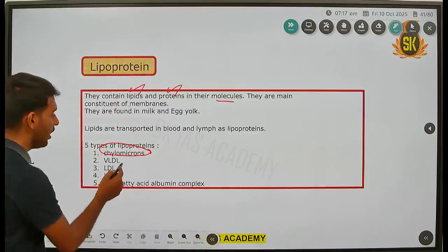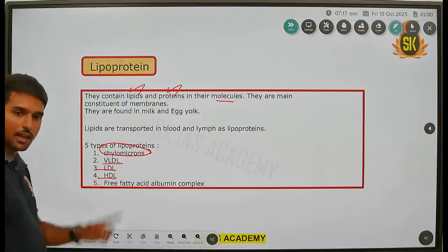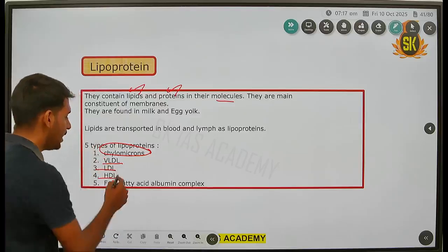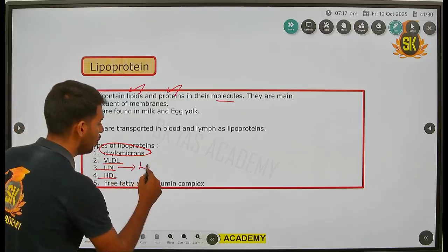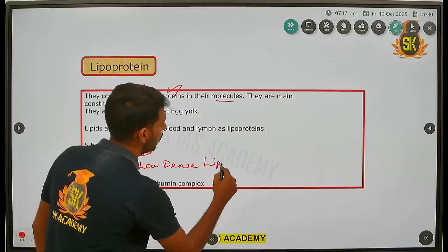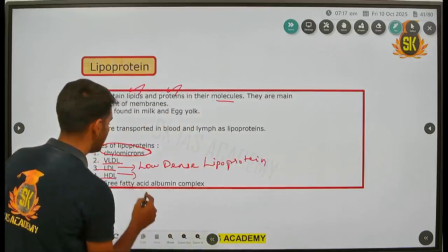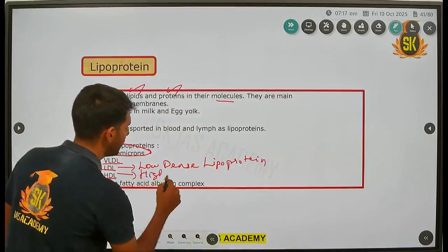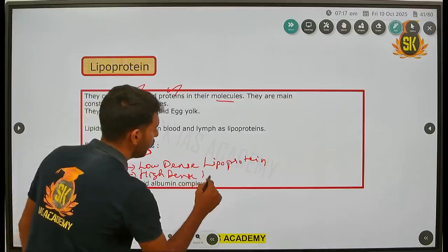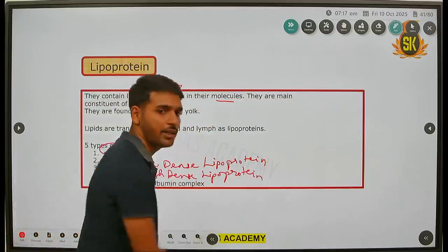We have VLDL, LDL, HDL. I talked about it, right? LDL is low density lipoprotein. HDL is high density lipoprotein.